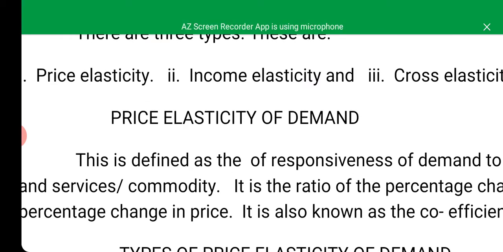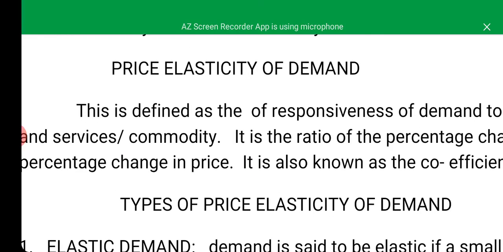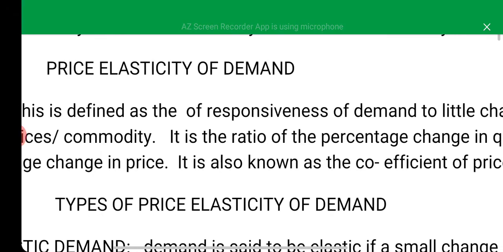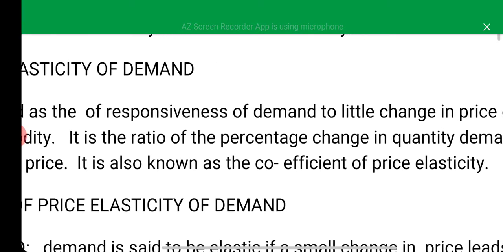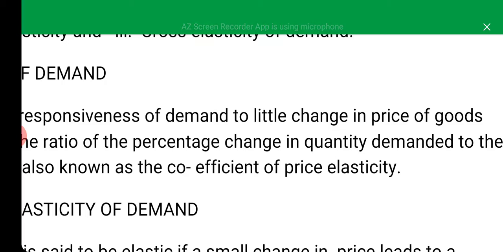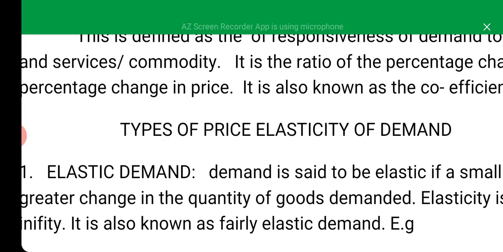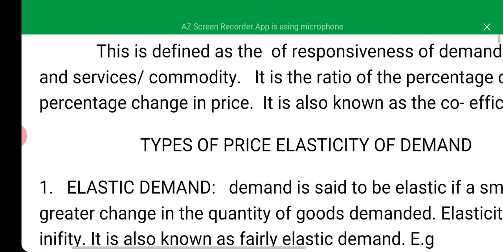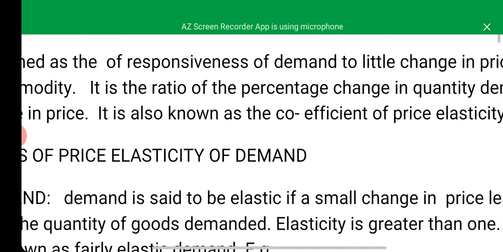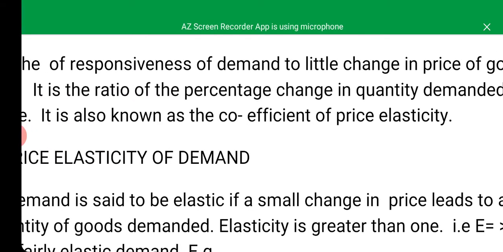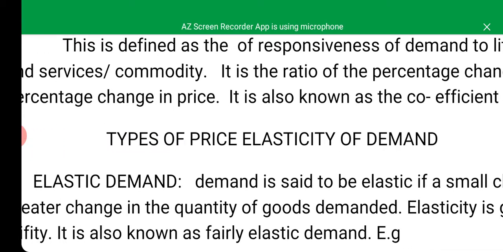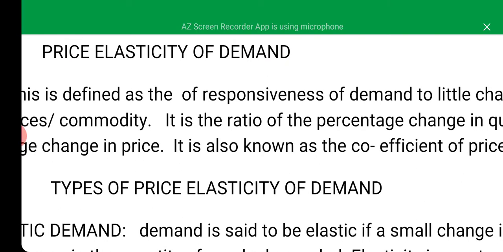For price elasticity of demand now, price elasticity of demand is defined as the degree of responsiveness of demand to little change in price of goods and services or commodity. So this definition, we pick from the general definition given to the elasticity of demand, but in relation to what?